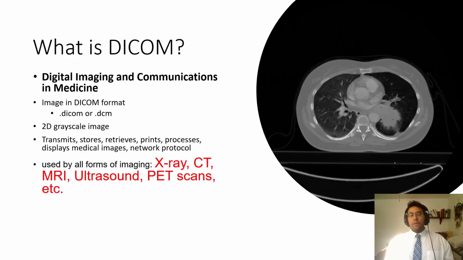Okay, so the reason why DICOM matters is that all the X-rays, CT images, MRIs, ultrasound, PET scans are in the DICOM file format. It's what you'll mostly get as a researcher or a programmer.